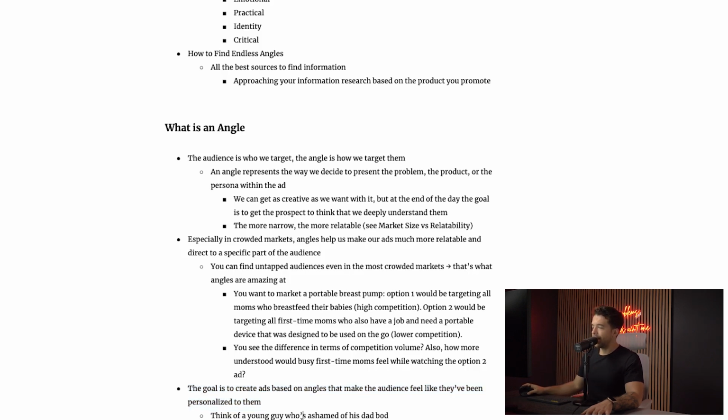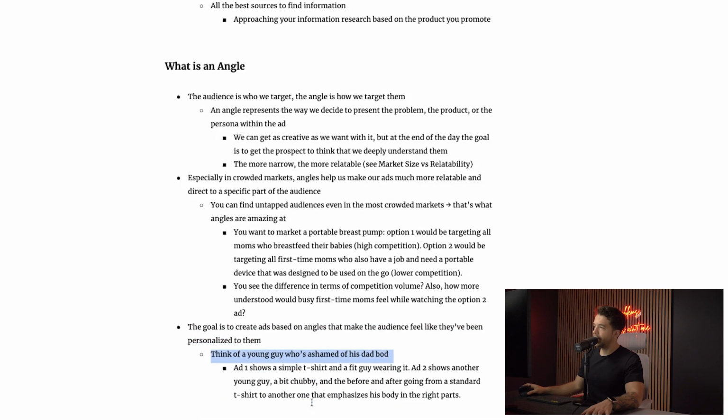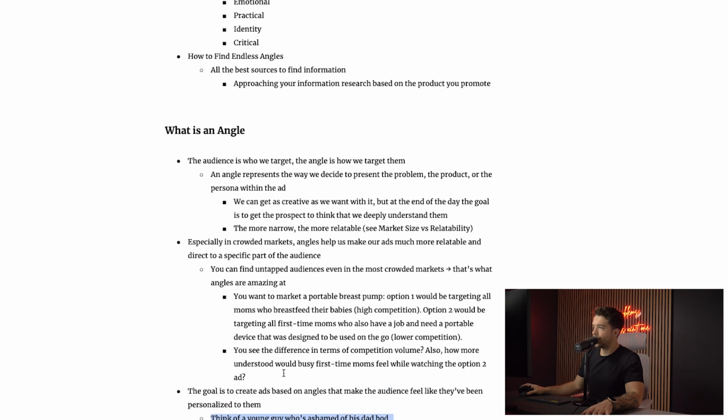Think of a young guy, for example, who's ashamed of his dad bod. Ad 1 shows a simple t-shirt and a fit guy wearing it. I don't think any market can get more crowded than that. Ad 2 shows another young guy who's a bit chubby in the before and after, going from a standard t-shirt to another one that emphasizes his body in the right parts.